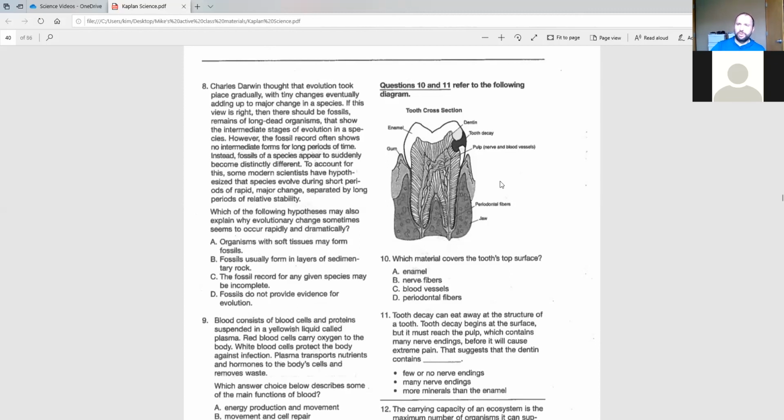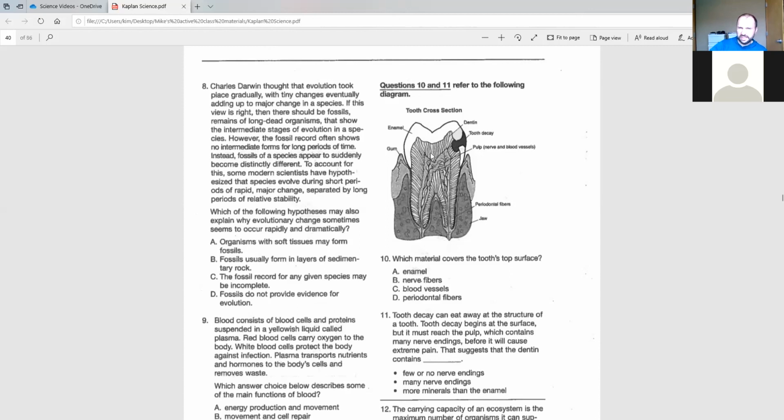Tooth decay starts at the surface. It starts here and works its way in. It must reach the pulp, which is this layer here, before it becomes very painful. And so the question says, what does that suggest about this layer here?